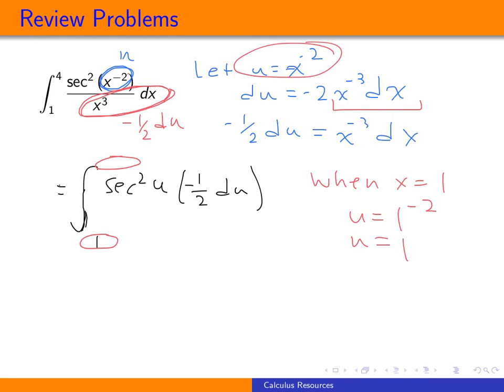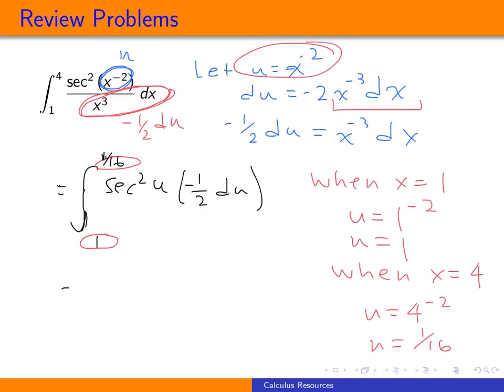And then for my upper limit, I like to see what happens when x is 4. When x is 4, u is 4 to the negative 2. Negative puts it down in the denominator, and that 2 squares it. So u is 1 over 16. So my upper limit is 1/16.